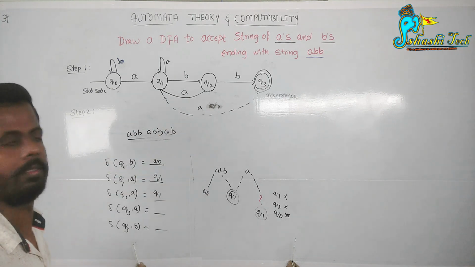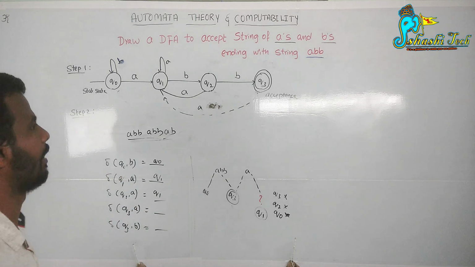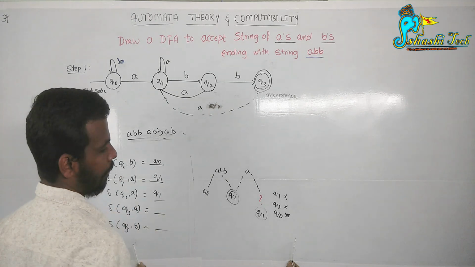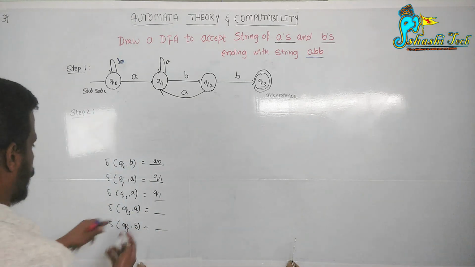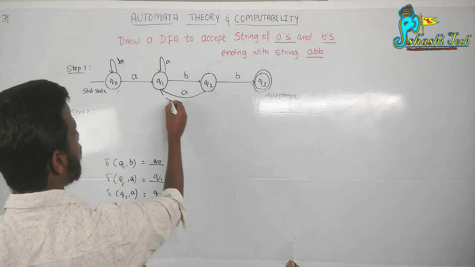It is not accepting. Whether it should be accepted or not? No, it should not be accepted. Hence, it is not accepting. So Q1 is the correct answer. Q3 upon accepting A, it is going to reach the Q1 state. That is this.